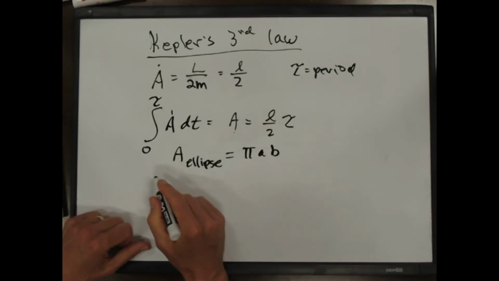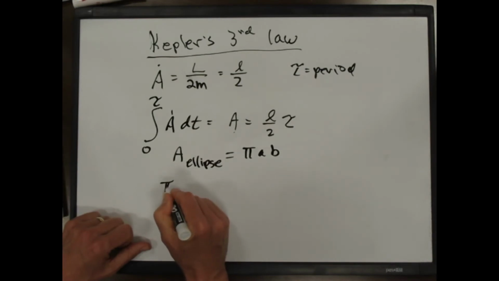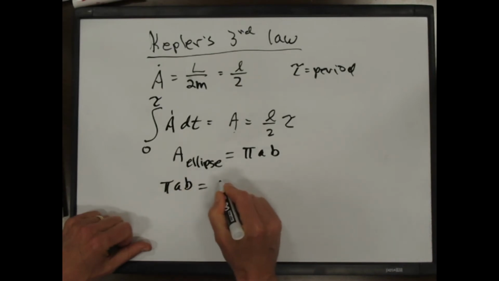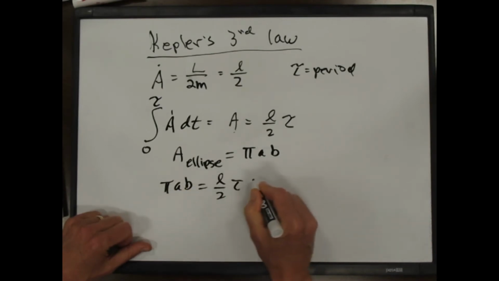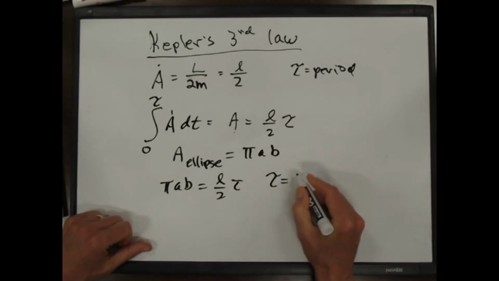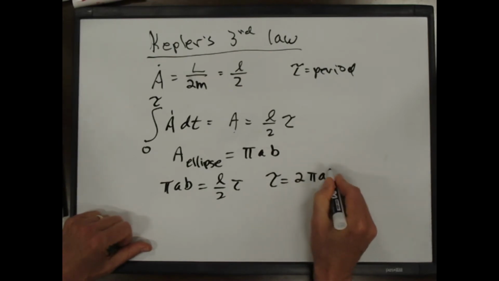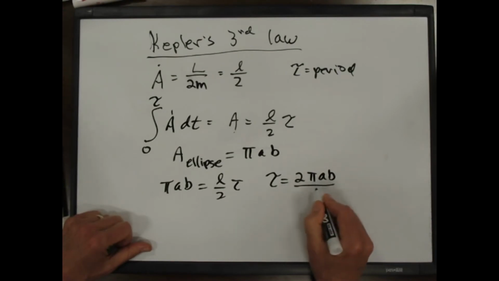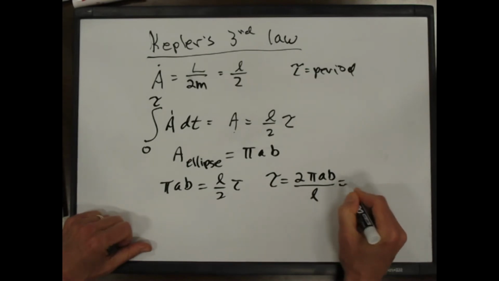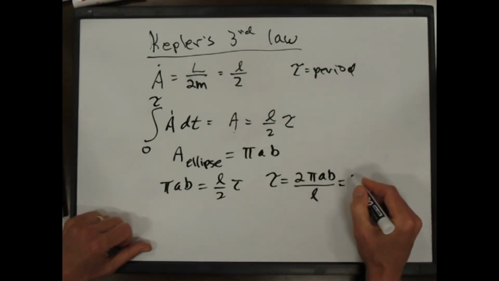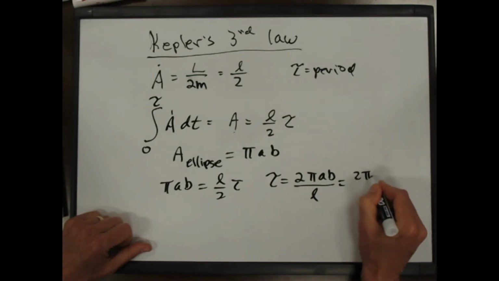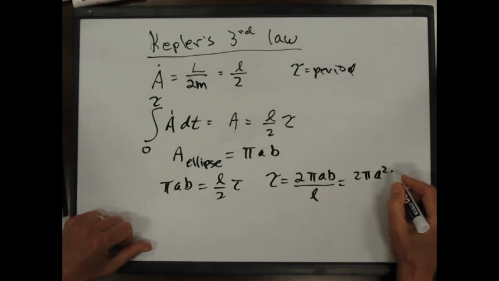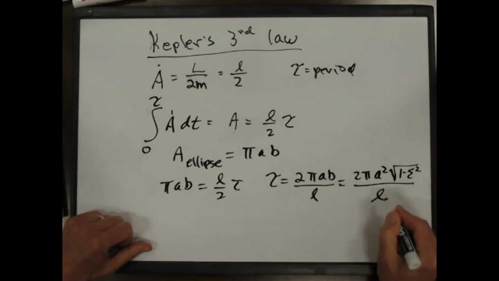And so what we get is pi AB is equal to L over 2 times tau, or the period is equal to 2 pi AB over L, right? But we already know that B is the square root of 1 minus epsilon squared times A, and so that's 2 pi A squared times the square root of 1 minus epsilon squared over L.